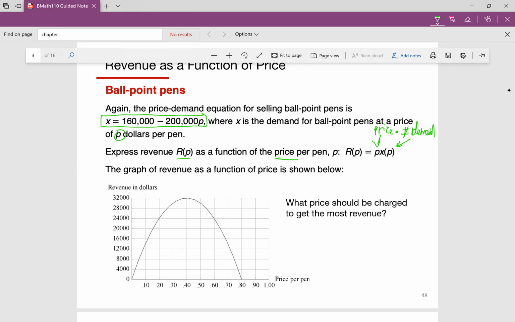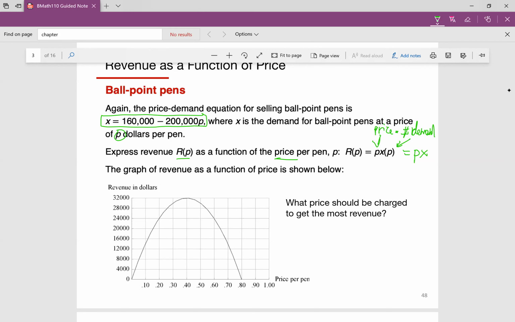This is X in terms of P, but actually it could be written as X of P in here. Don't confuse it with X multiplied by P. It is an equation of X in terms of P.